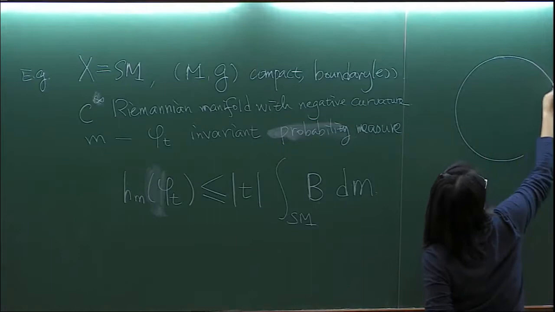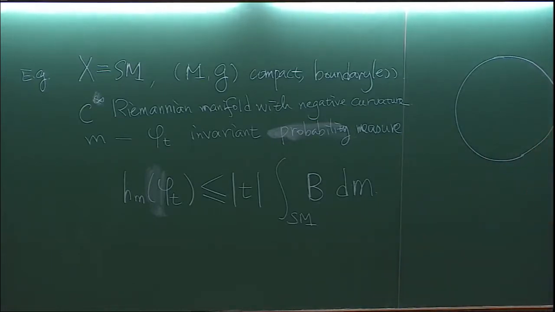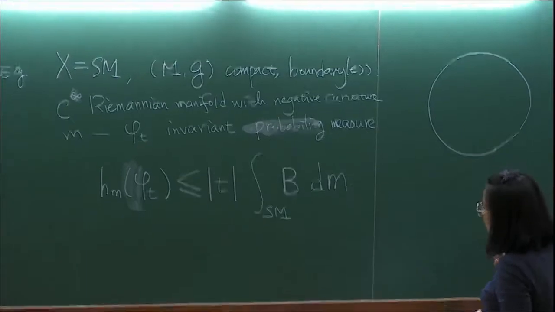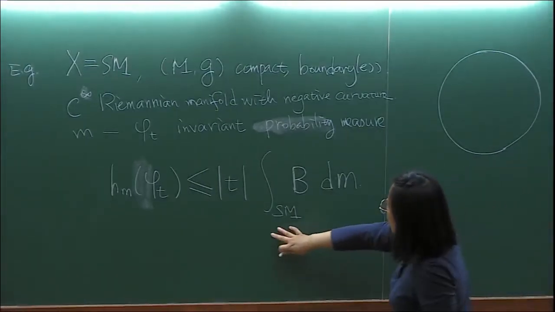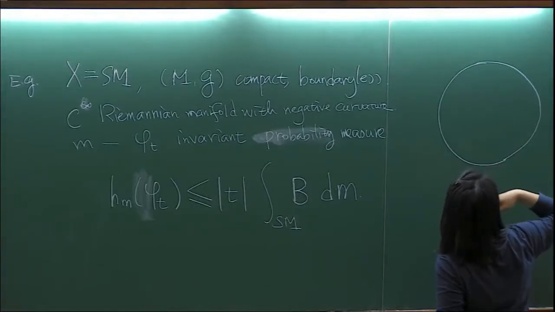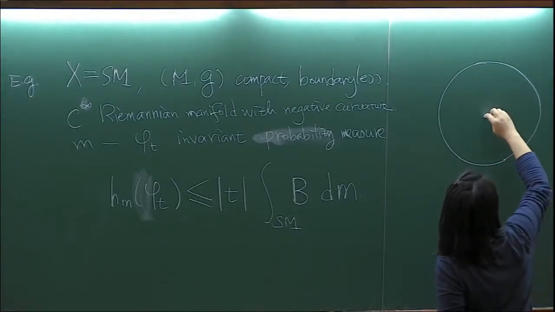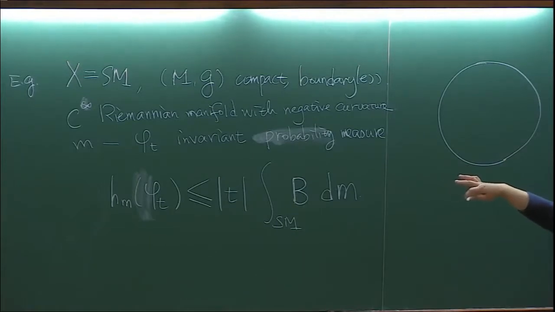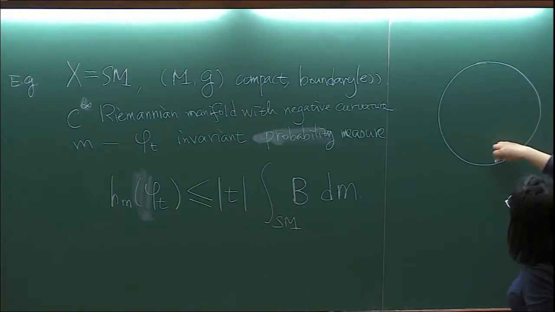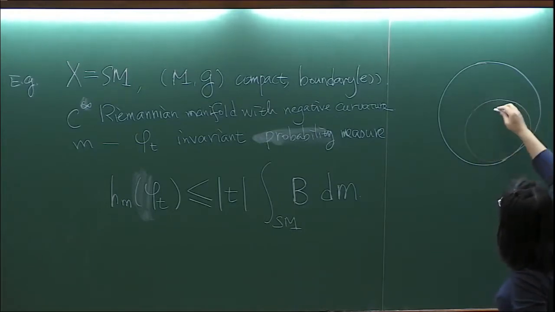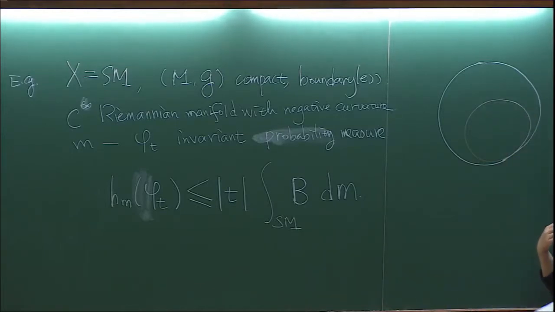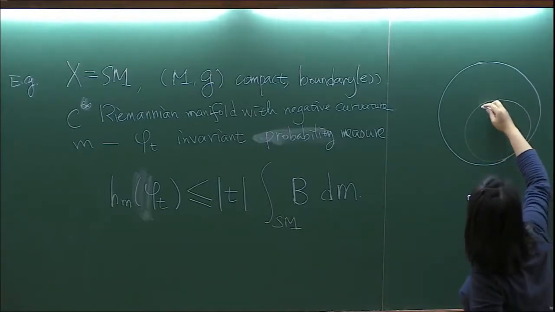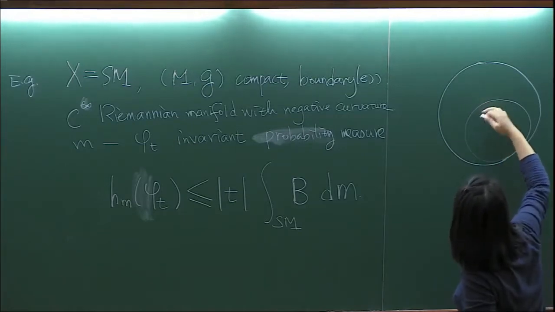It's always helpful to think of this basic example. For the hyperbolic case, you consider the geodesic flow. Then what is your tangent space? TSM is three-dimensional, right? And in this constant curvature case, you can see that you have one contracting direction.